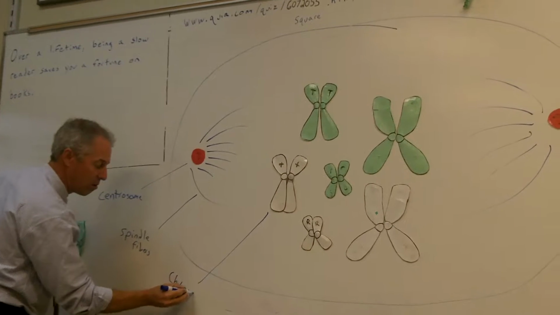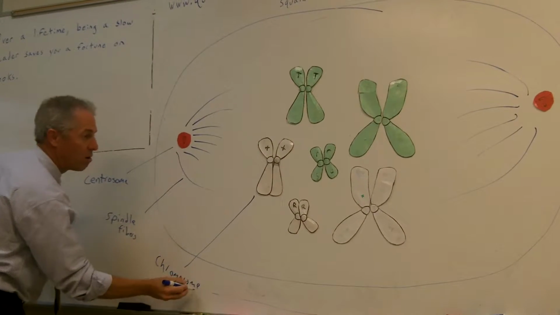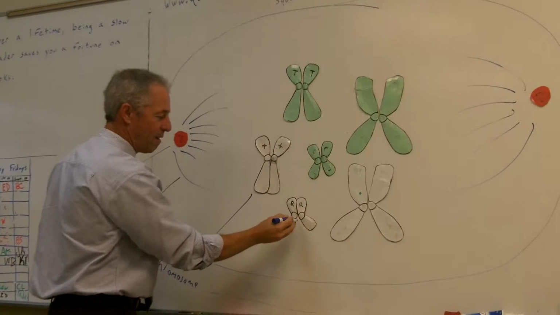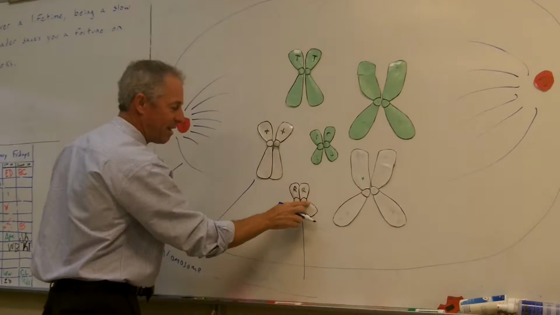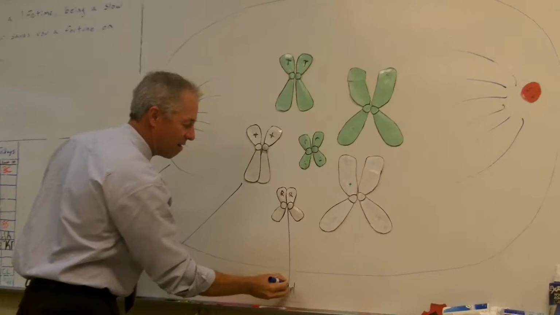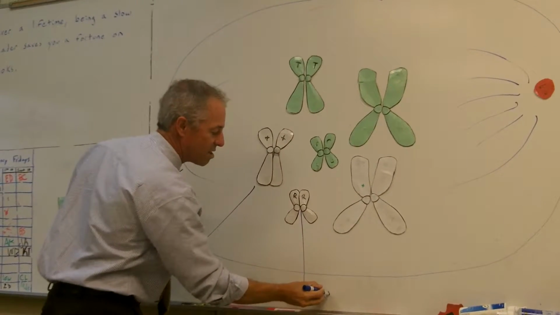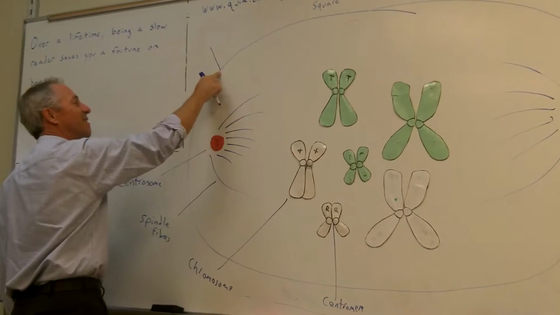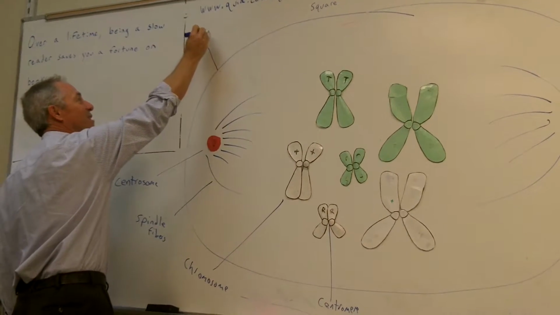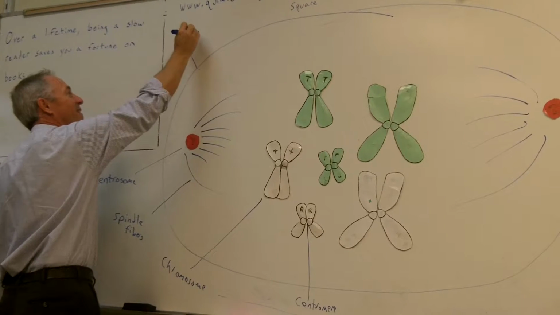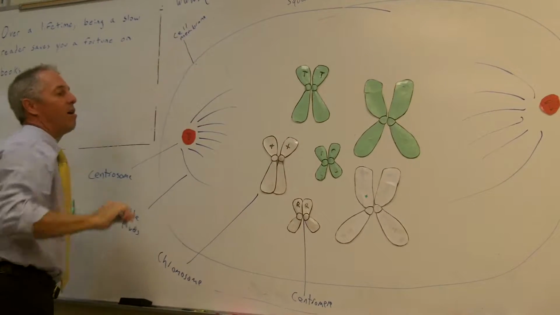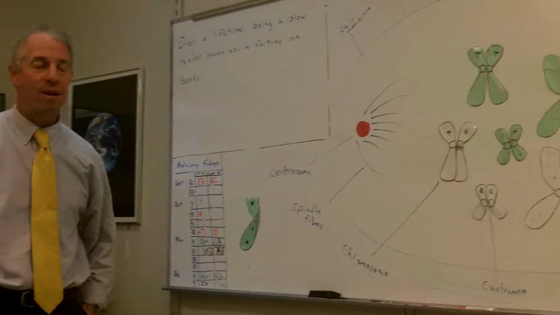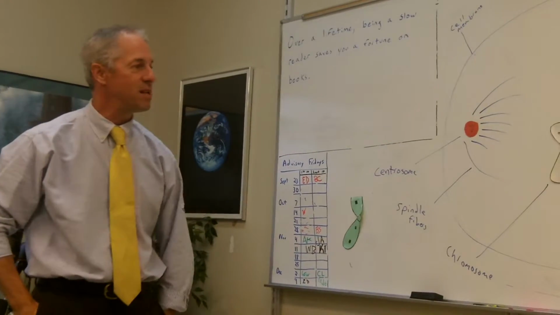Chromosome. I could even label that. What would I label that? Centromere. A lot of stuff you can label here. Could even label this. What's this? Cell membrane. Not a cell wall unless it's a plant cell. Plant cells have cell walls. You could label it cell wall if it were a plant cell.